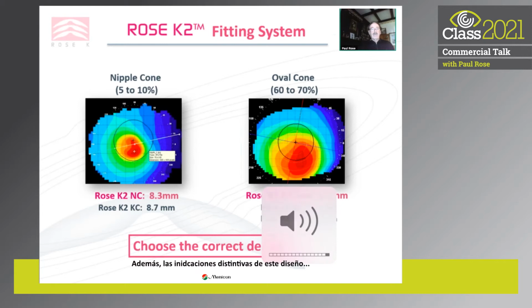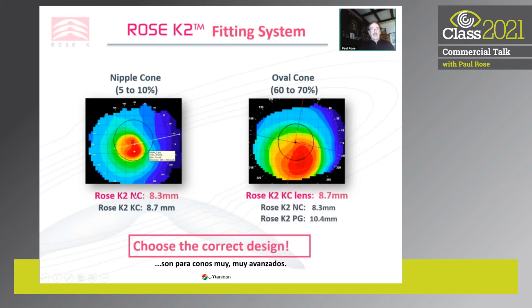Also, the secondary indication for this design is for very, very advanced cones. So if you have, in this case here, a very early oval cone, the nipple cone could also be used in that case.